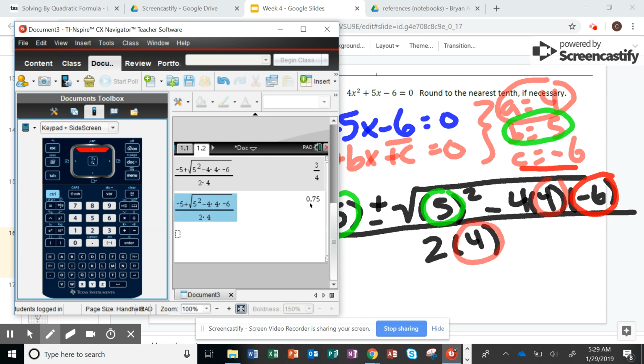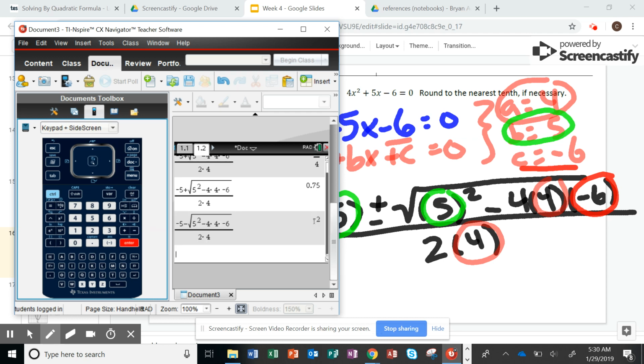Now I want to go back here, copy and paste, because it's asking us for the negative solution. In this case, 0.75 is positive. So let's do minus, enter, and we get negative 2. So I still want us to write in both of the solutions, because we need both solutions, but in this case, because they're asking only for the negative, we're only going to highlight or write in the negative solution.